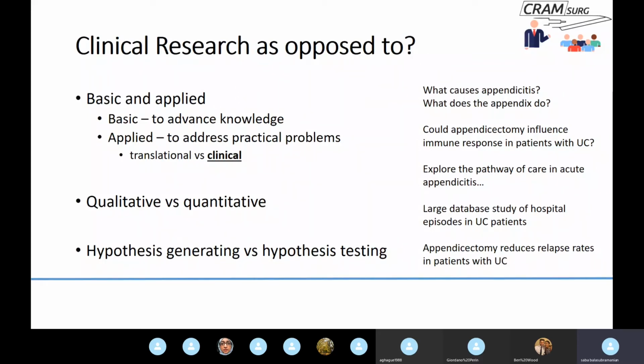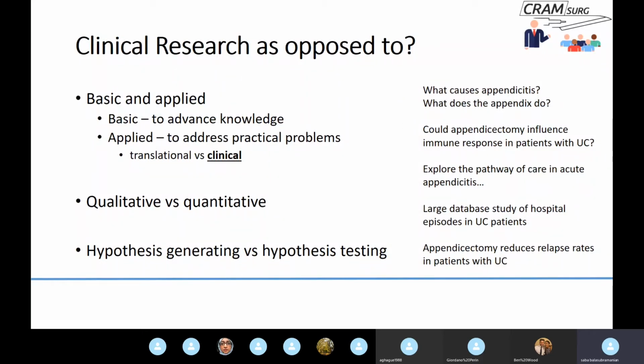You could be taking blood samples, appendix tissue, and other tissues from patients, looking at the immune system, evaluating the immune cells, the kind of proteins they produce, the expression of these proteins, and so on and so forth. So there's a lot of laboratory work involved, and you could apply these results in practice in maybe the management of patients with ulcerative colitis. So that's translational research.